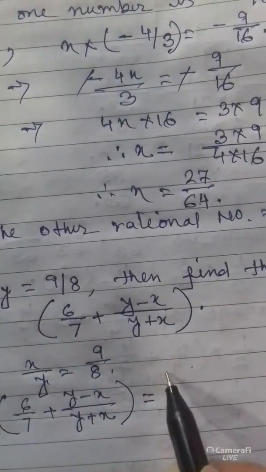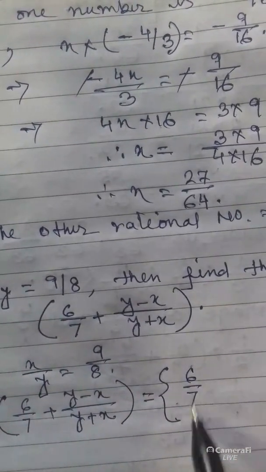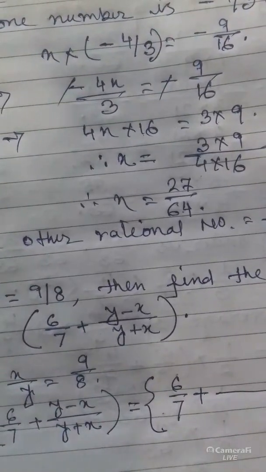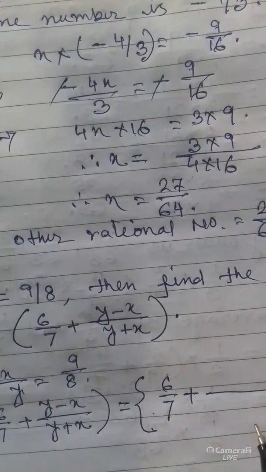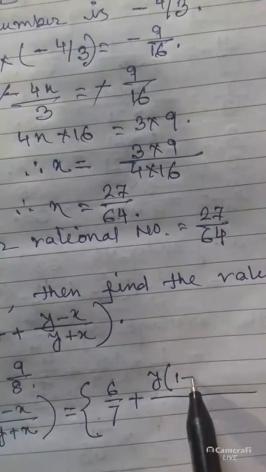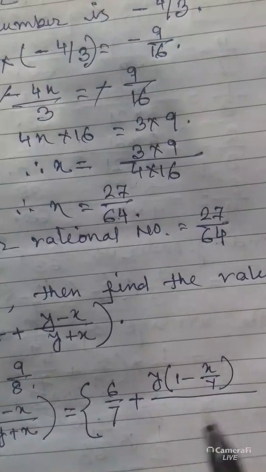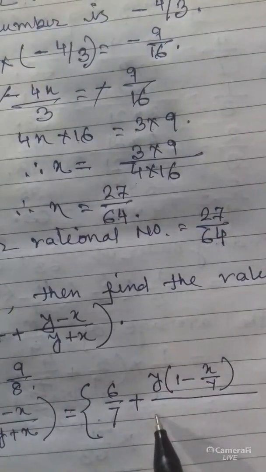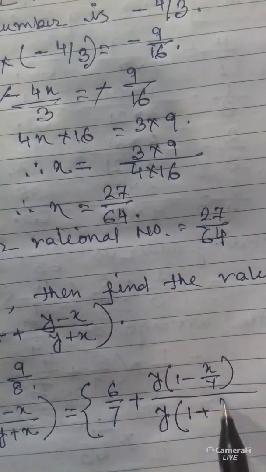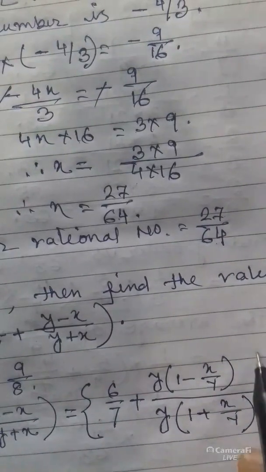So first, 6 by 7 plus, in the numerator y common, 1 minus x by y. Similarly, in the denominator y common, 1 plus x by y.